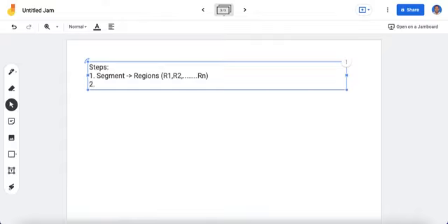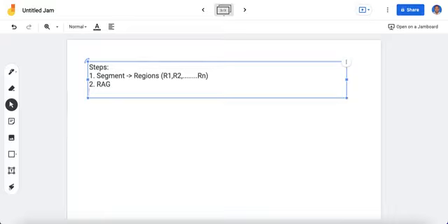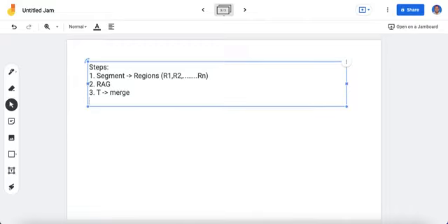After that, you have to create the regional adjacency graph, followed by considering regions based on a certain threshold value limitation or certain criteria. We have to fix the threshold value. If we meet the threshold value, we merge regions R1 and R2. If we don't meet it, you leave it as it is.